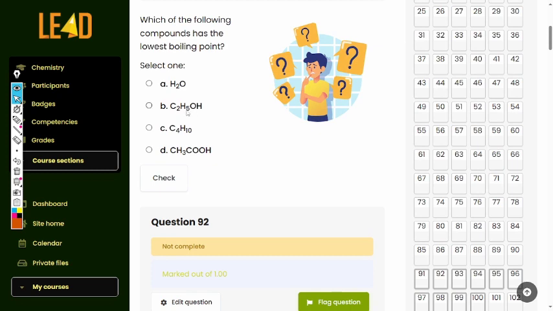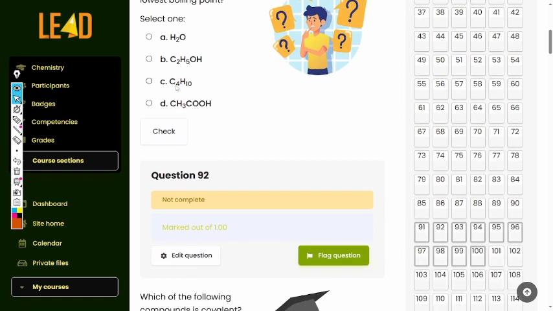This is ethanol. Ethanol also has hydrogen bond because of the OH here. So because of the presence of hydrogen bond, it doesn't have as low a boiling point as you would expect from a covalent compound. Now this is butane. So butane is purely covalent.